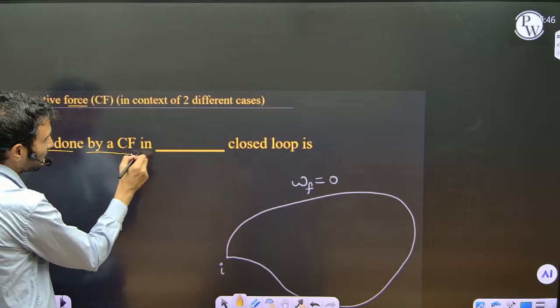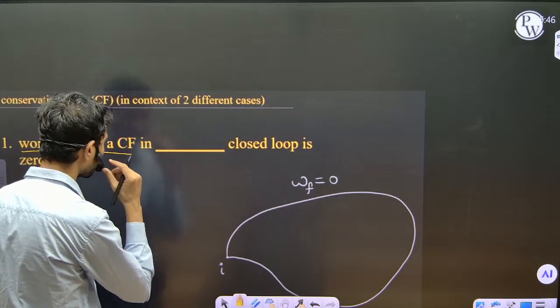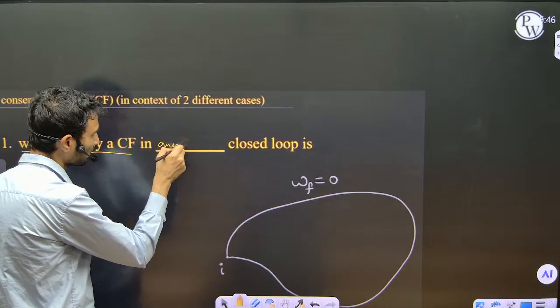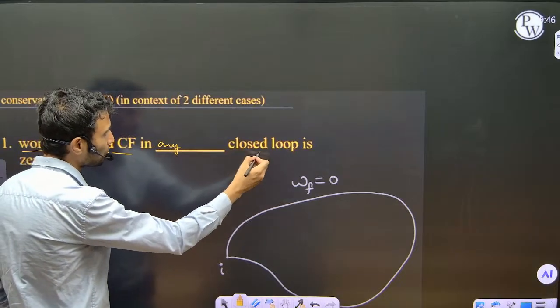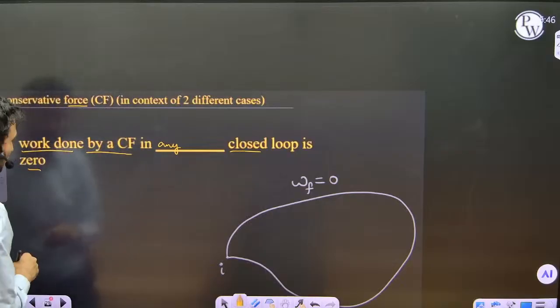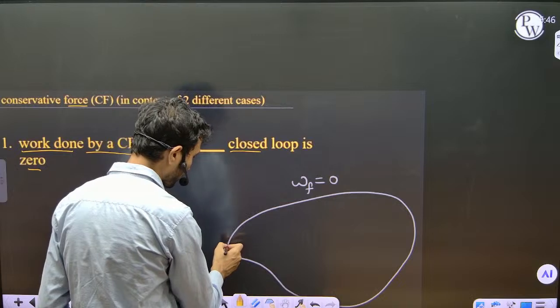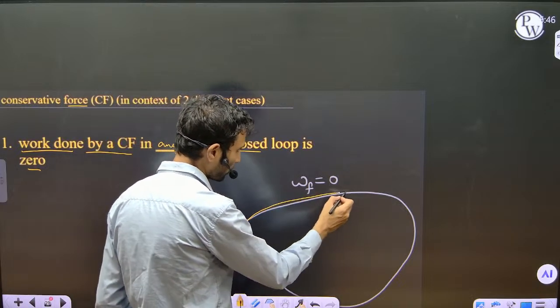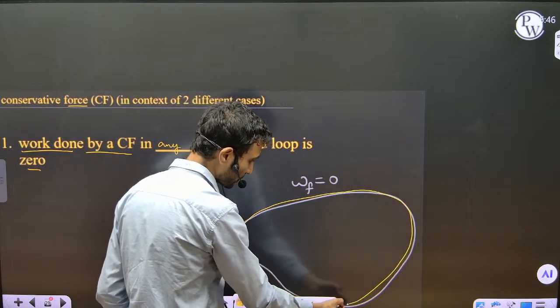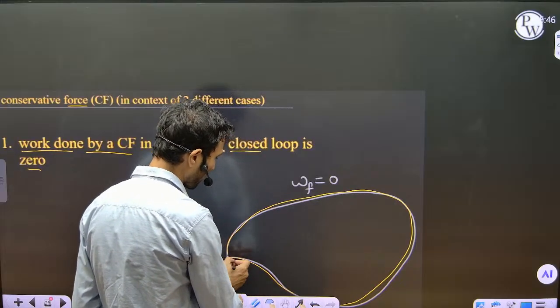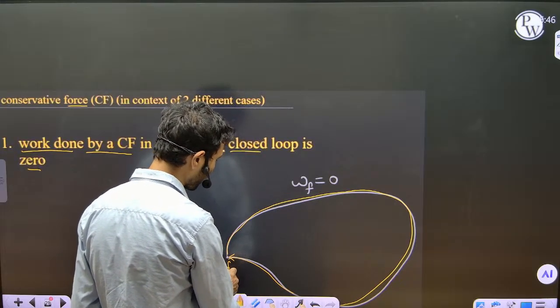Work done by conservative forces in any closed loop is zero. Closed loop means what? Start from one point, go around, come back to the same point, meaning the initial and final points are the same.